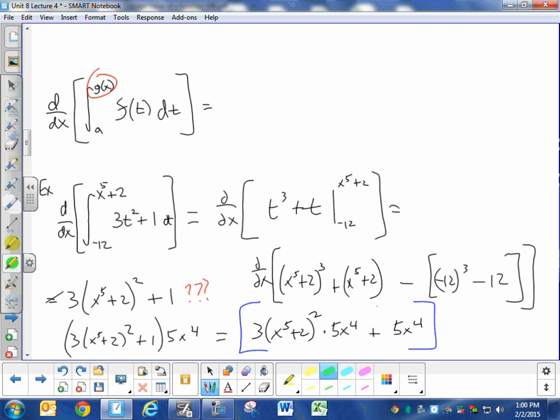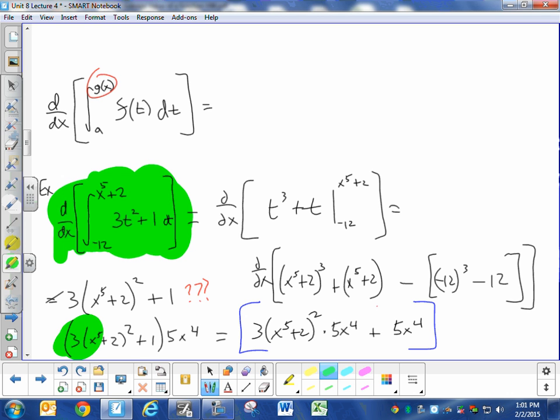So I started by wanting to take the derivative of this really, really nasty accumulation function with a function in a bound, and this is what I got for my answer. So I'm close to my guess, which is just plug in x to the fifth plus 2.